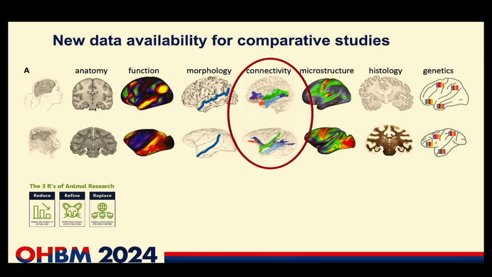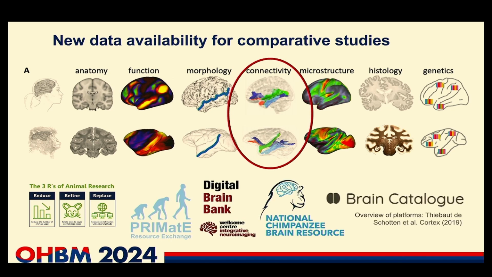Since obviously we're handling animal research, and animal research has certain ethical implications, a lot of researchers in the field aim to adhere to the 3 R's of animal research, so reduce, refine, and replace animal experiments as much as possible. But in light of this, I want to bring your attention to these fantastic initiatives which allow researchers across institutes and continents to share all the data they've acquired.